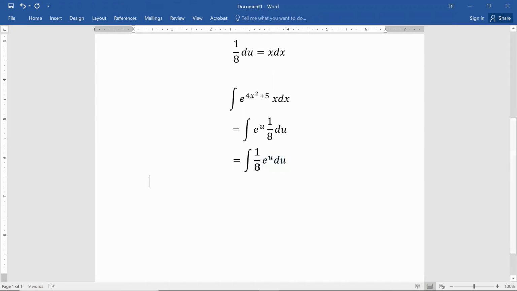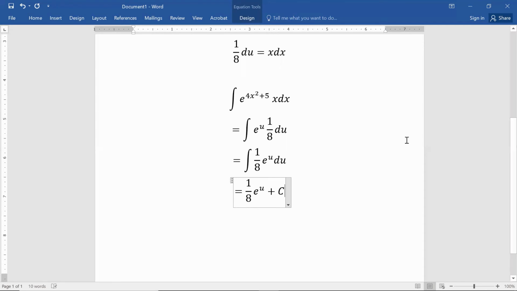We should all know now how to integrate e to the u with respect to u. The antiderivative of e to the u is e to the u plus some constant. So when I have a constant of 1/8 out front, a coefficient, I get 1/8 e to the u plus a constant.